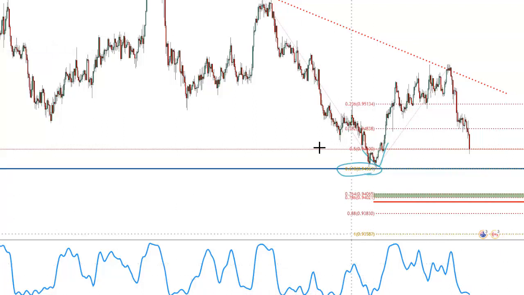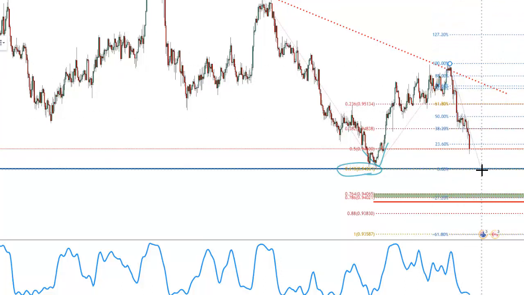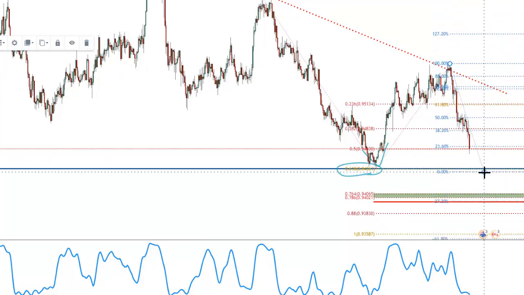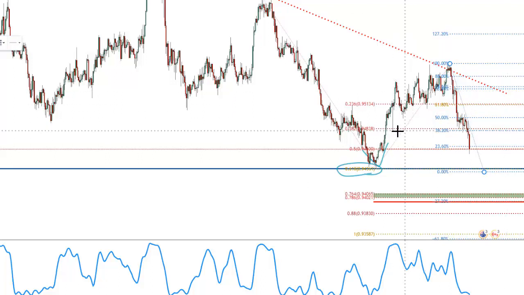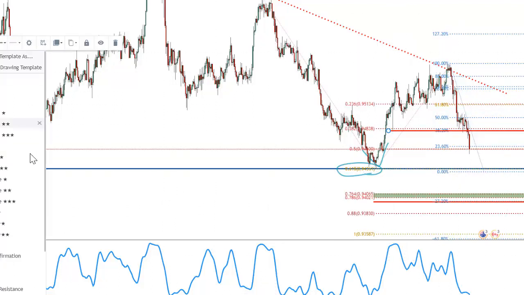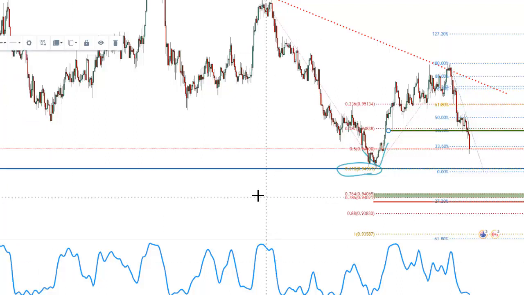Now, in terms of my take profit, I'm not going to play my bounce too high. I'm just going to do a retracement to my estimated entry, and looking at my graphical levels, I would say the 38% would probably be the safest level to play to. This would be the take profit level.